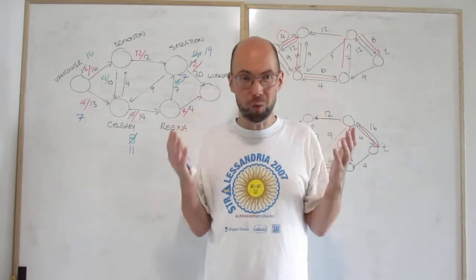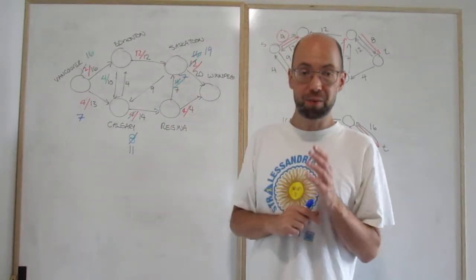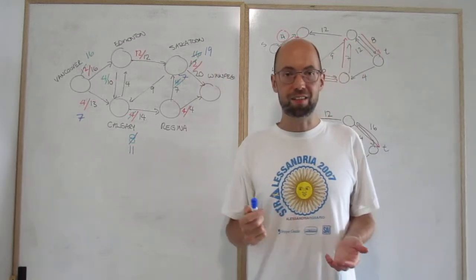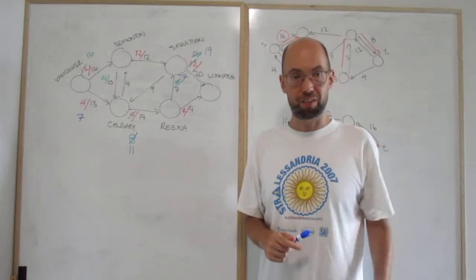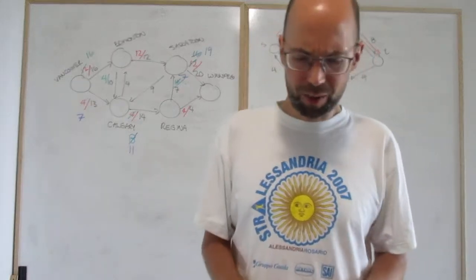And we know, just like it's obvious right from the word go, that we could never send more than 24 because there's this obvious cut with total capacity 24. So 23 out of 24 is really good.